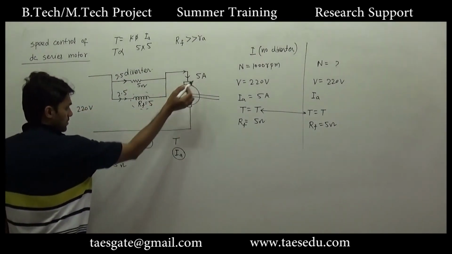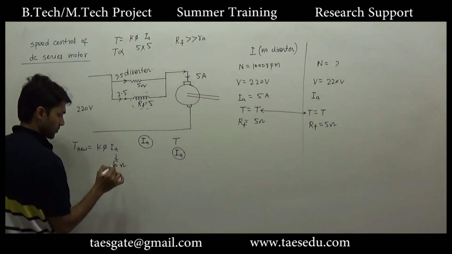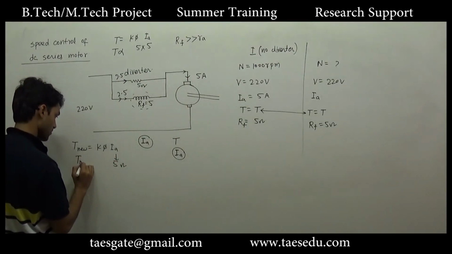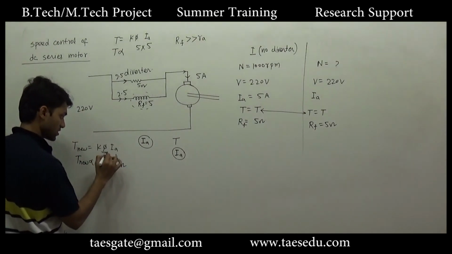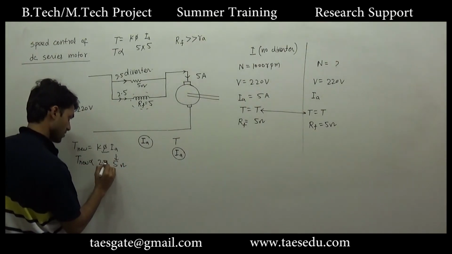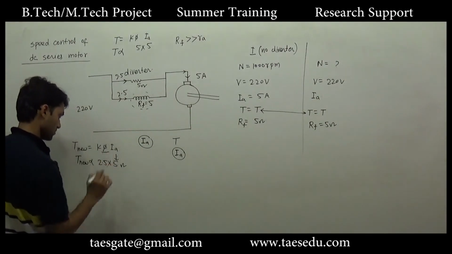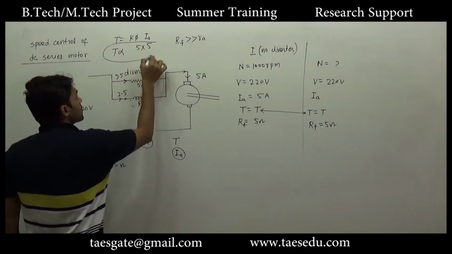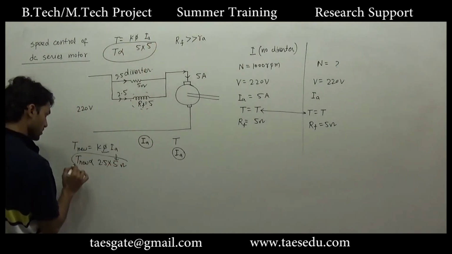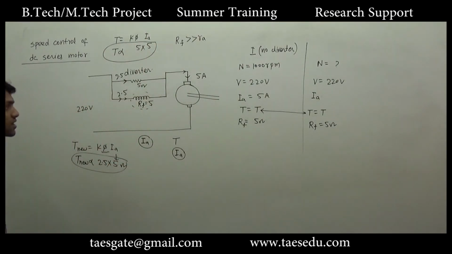So in this formula, IA is 5 ampere. The new torque will be directly proportional to this 5 ampere, but flux is due to 2.5 ampere only. So if you compare the torque of the previous case and the torque of the new case, these two torques are not equal.